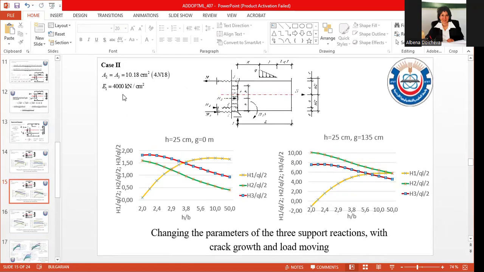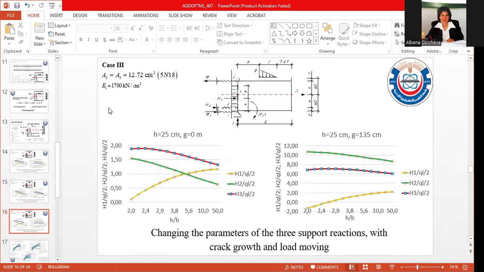On case 2, when we have high strength concrete, H1 is bigger and H2 and H3 are a little bit smaller than in case 1. And the parameters of the three support reactions change with crack growth and load moving on case 3.